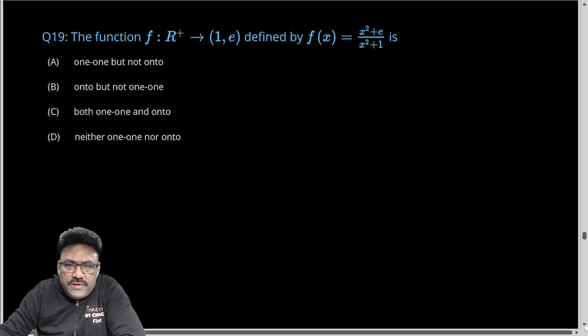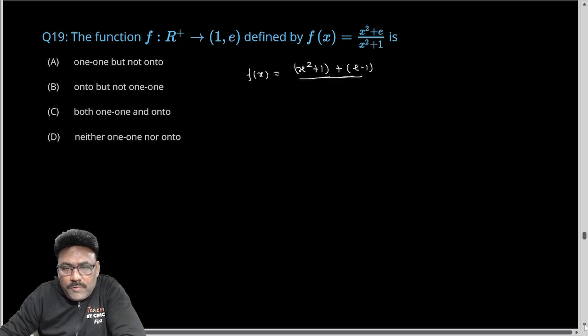So see, I can write this function as x square plus 1 plus e minus 1 over x square plus 1.